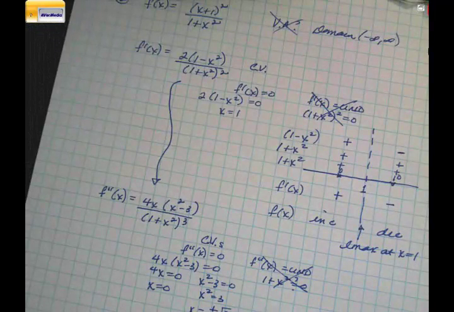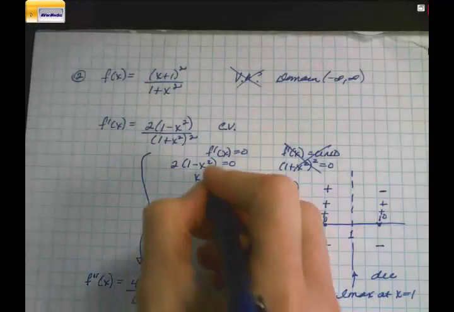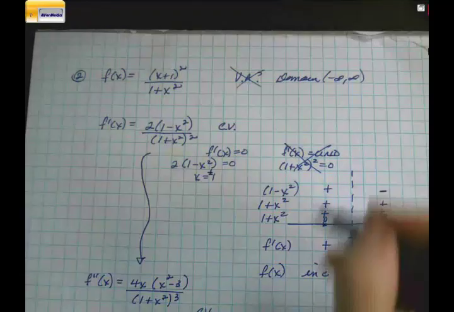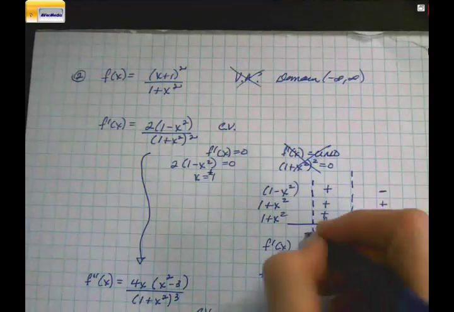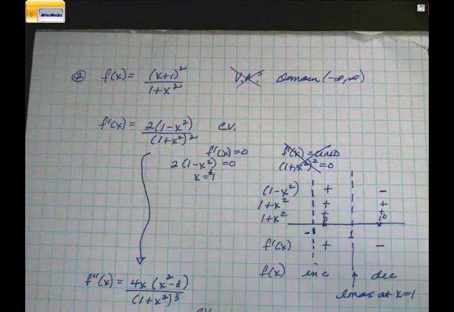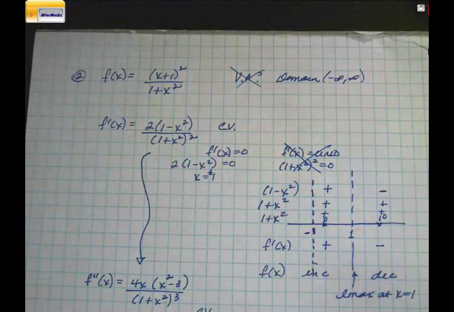Where did we make the mistake? That's right. This should be plus minus 1. So there should be another critical value here of negative 1. Oh dear. Oh my. That's not good.